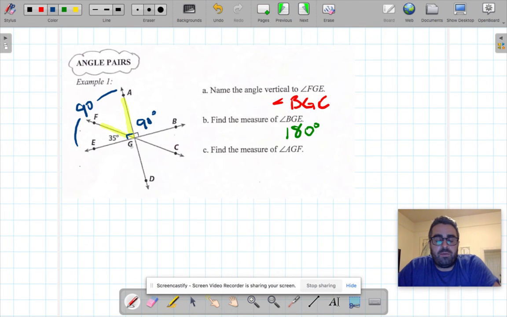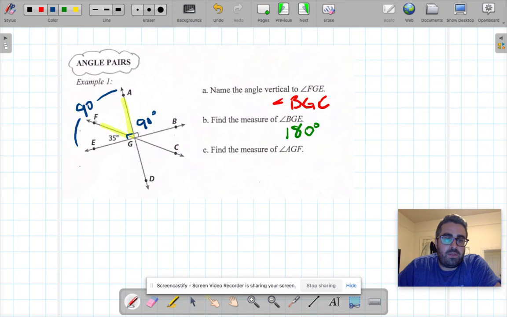Because of the concept of supplementary angles, right? We see this is a line. We've established that from the previous question. So we know that the sum of AGB and AGE has to be 180 degrees. If this angle is 90, therefore this other angle, AGE, also has to be 90. So now we can see that we have two complementary angles.